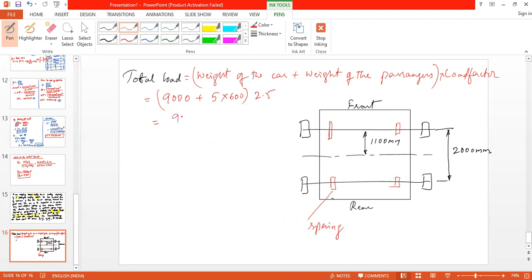30,000 Newton. It is 30,000 Newton. So this is the total load. So the load on each spring, how many springs are there here? 4, sir.